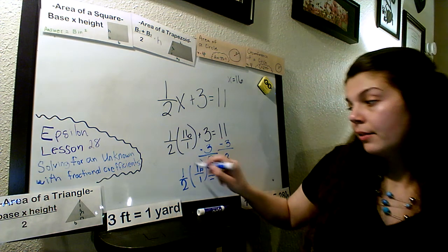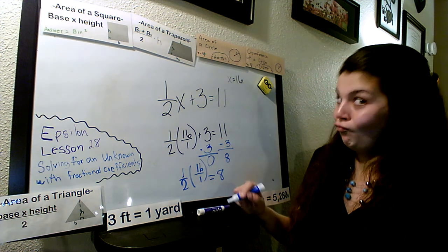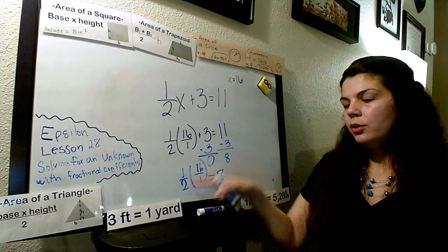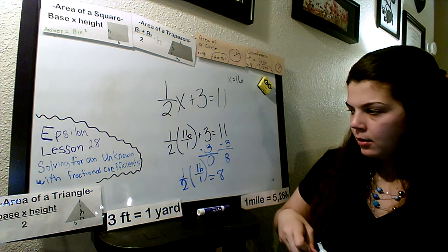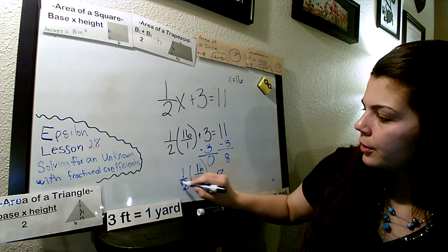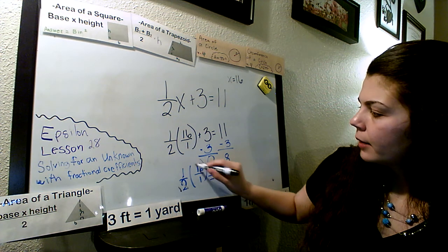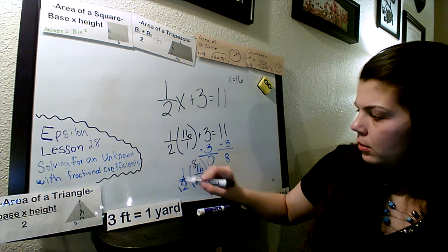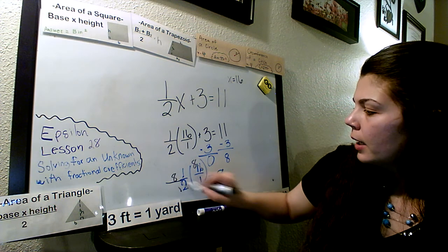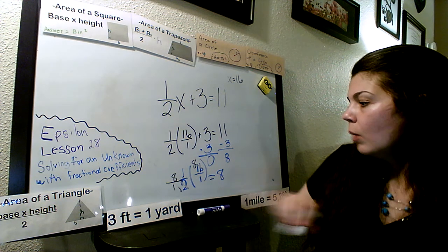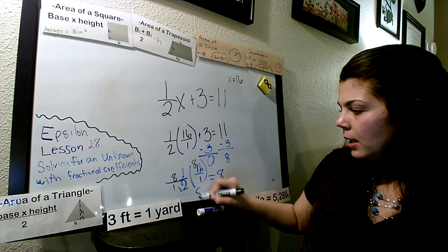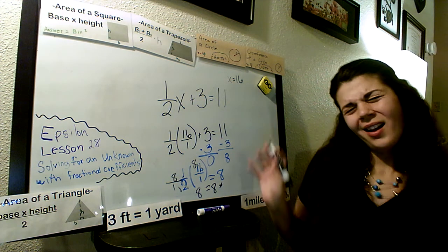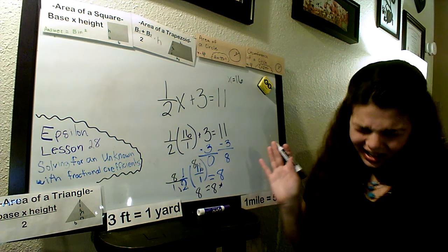Can I reduce anything here? I sure can. What can I reduce? The 2 and the 16. All right, let's see here. I can reduce this by 2, and I can reduce this by 2. What's 8 times 1? 8. What's 1 times 1? 1. So my end answer, 8 equals 8. We got it right. We got it right.